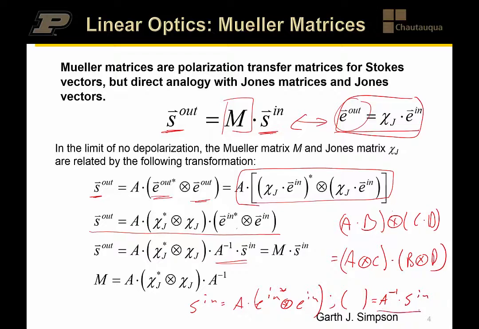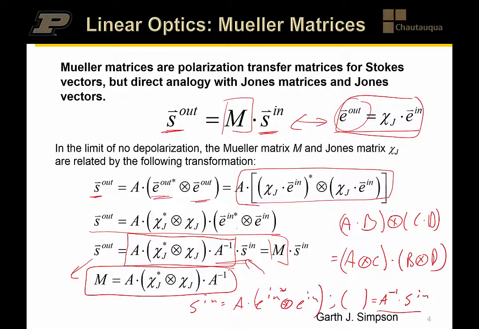So we substitute A inverse S in for each of these electric fields, actually for this combination of electric fields, and then you have something that reduces down to this form, where you now have an output Stokes vector for an input Stokes vector, and everything inside this red box is now your Mueller matrix, and that leads to this equality down here on the bottom left. And this again is just describing the purely polarized component of the Mueller matrix.